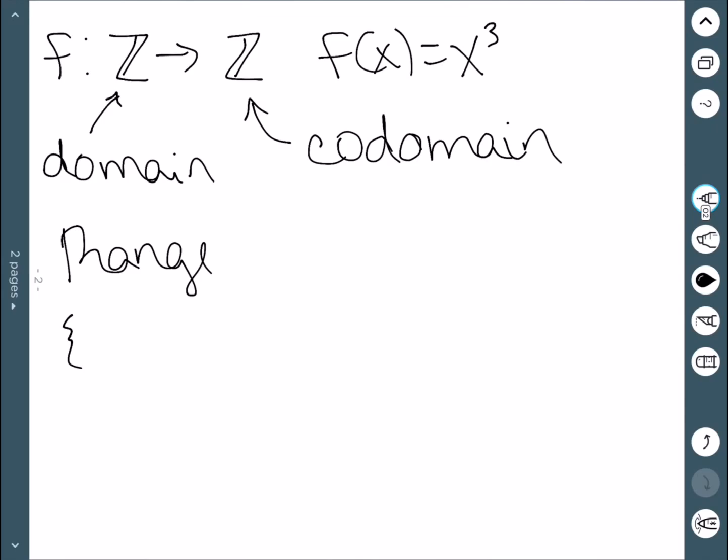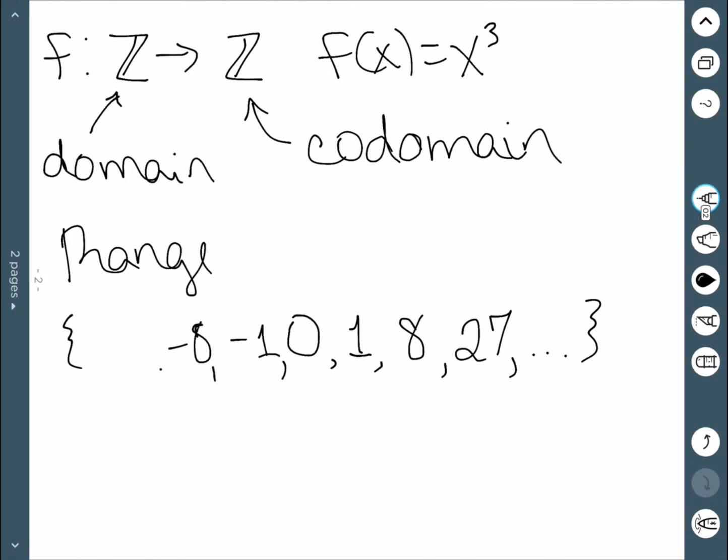Well, we know that 0 cubed is 0, 1 cubed is 1, 2 cubed is 8, 3 cubed is 27, etc. We can also do this in the negative direction, -1, -2, -3, etc. And this is our range. It's the things that we actually map onto in our function.